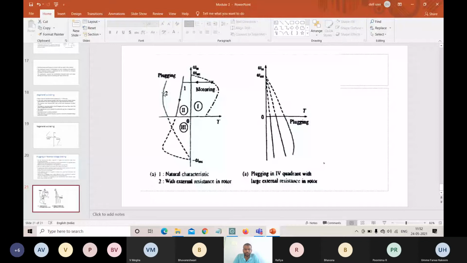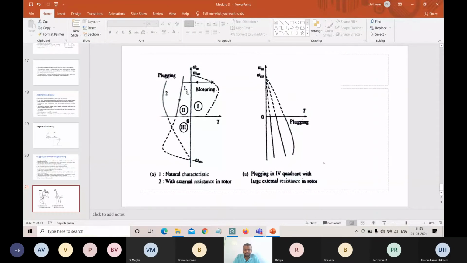At 0 speed, the torque is not 0. I hope you people can observe in this graph. From motoring action, we need to change the rotation of the motor.